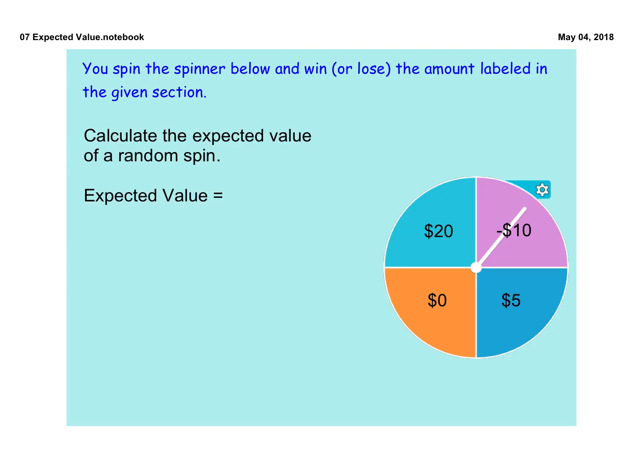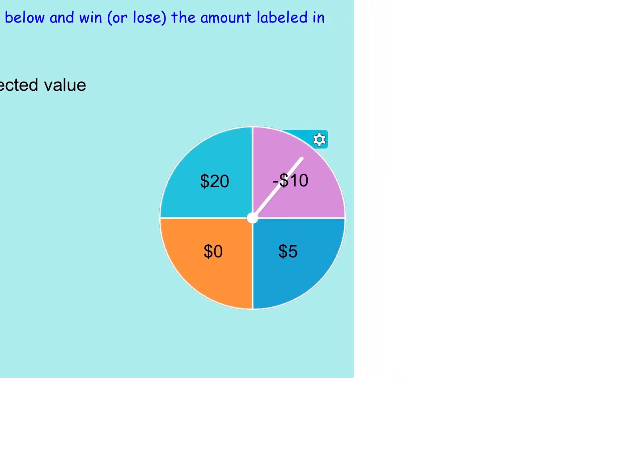Okay. Go to this page. It's a spinner. We're going to assume the spinner has an equally likely chance of landing in any of the 4 zones. There's a probability that you lose $10, as in you have to pay $10, but only if you go in this little spot right here.